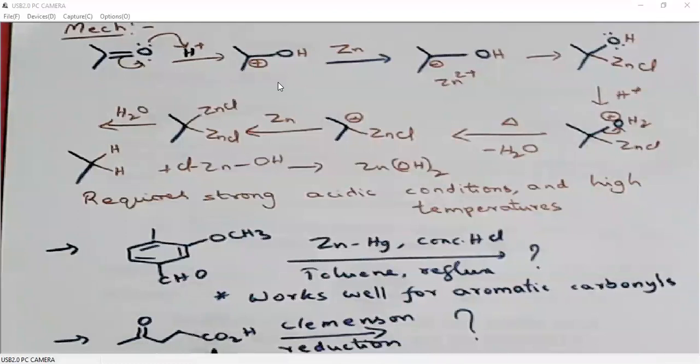Of course, we know the Clemmensen reduction conditions are used for the reduction of aldehydes and ketones only, but not for the esters or carboxylic acids or amides. So the ester group will not undergo reduction, only the ketone group will undergo reduction. So the product is saturated carbon here, and the carboxylic acid group will be retained.